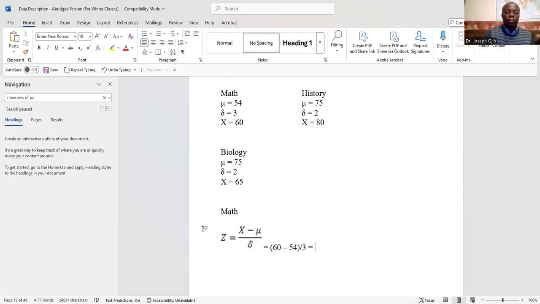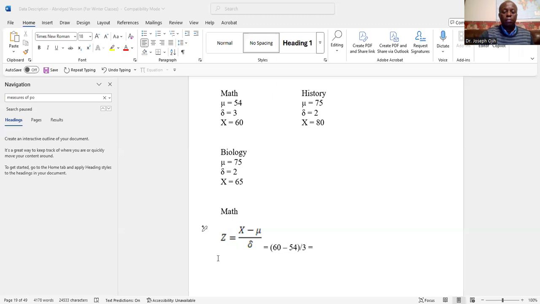That will give you the z-score for maths. Let me write this down so we can put it on the calculator: 60 minus 54 over 3.